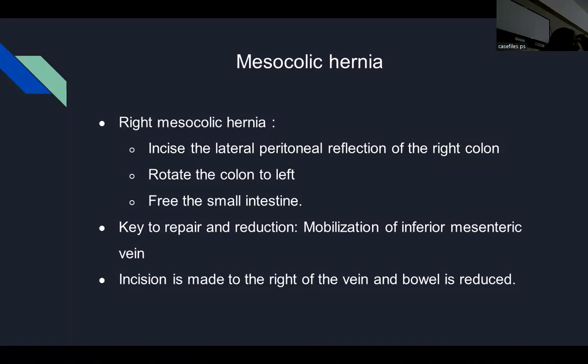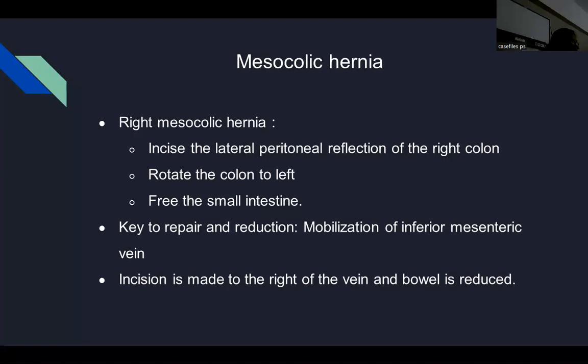In simple terms, if you have a right mesocolic hernia, you can do an operation like a Ladd procedure, and you keep the colon in the position as in a malrotation operation. If you have a left mesocolic hernia, you reduce all the contents, and then you have a defect. You can decide what to do.